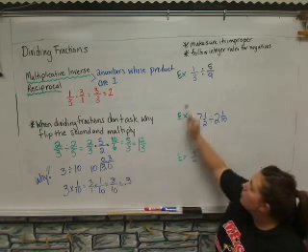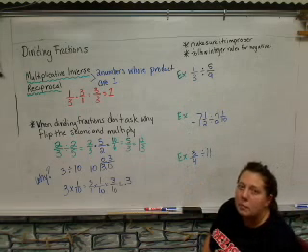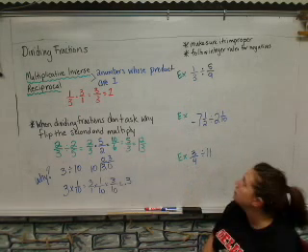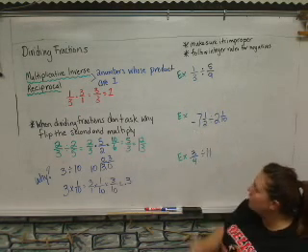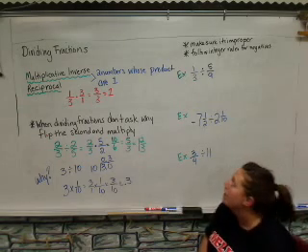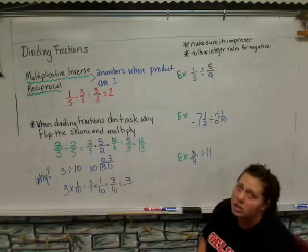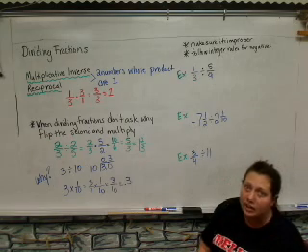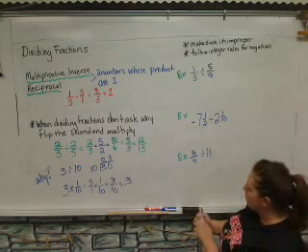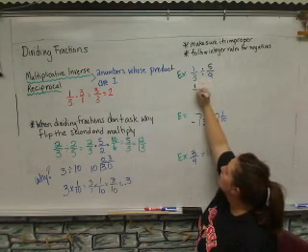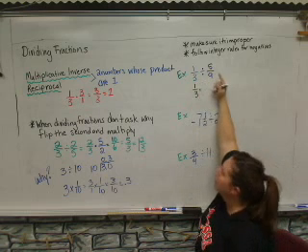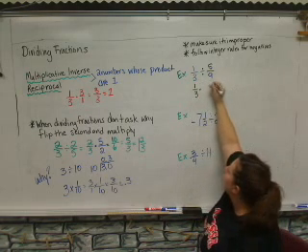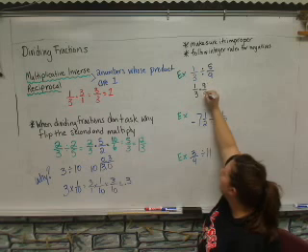I'm going to walk you through 3 examples. Pause it and do each of them on your own, and I will walk you through the answers. The first one we have is 1/3 divided by 5/9. We want to take 1/3 and multiply by the reciprocal of 5/9, which is 9/5.